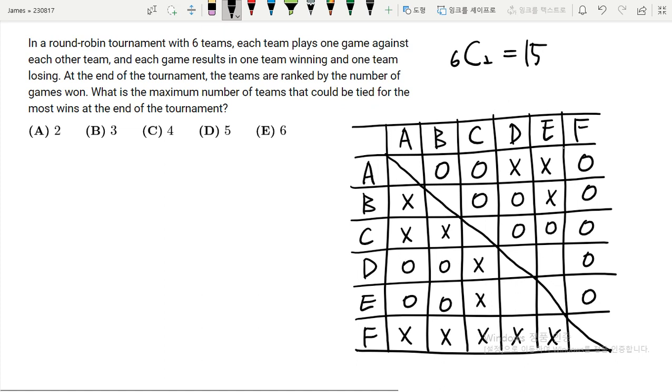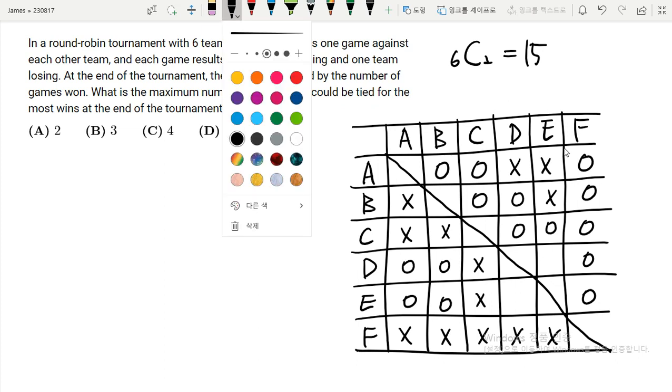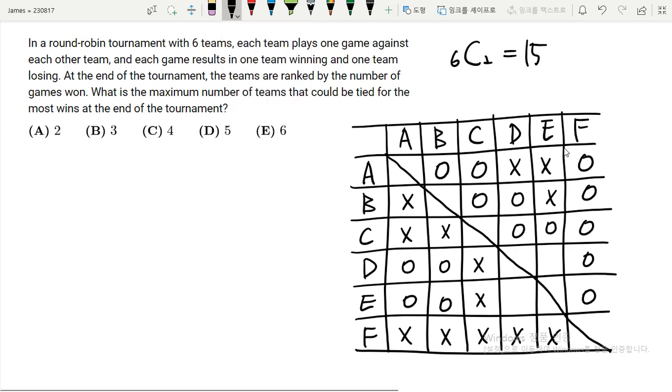I was wrong. Yeah, or yep. Yeah, now all teams have 3 wins, except for F. So 5 teams are possible with 3 wins.